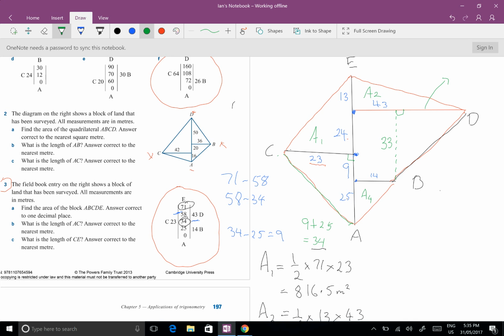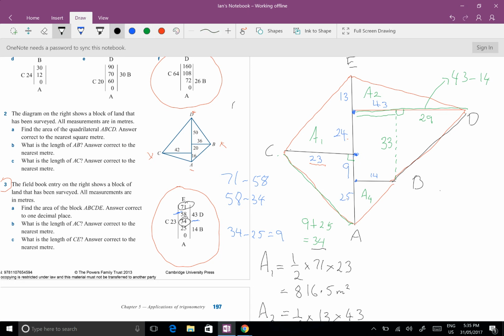How do I work that distance out? Well, I know it's 43 all the way, and I know it's 14 from here to here, so I'll just go 43 minus 14. And I get 29. So that distance is 29.